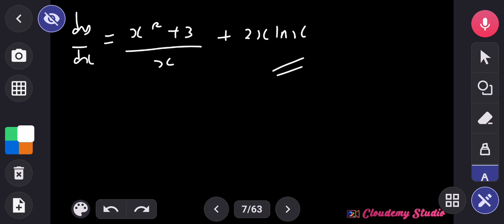So you can see, this is how we can differentiate whenever we have functions that have multiplication as the relationship between them. Let us take another example. Let us say we have y equals x to the power 4 cos x. Therefore, how are we going to do this?